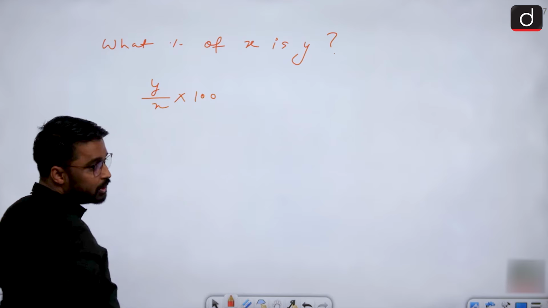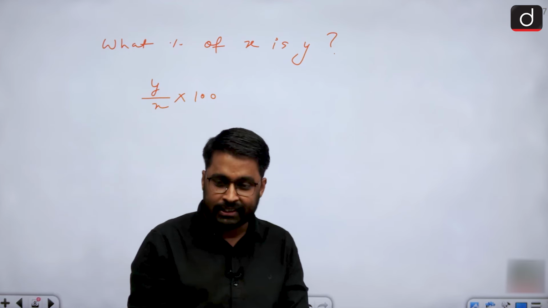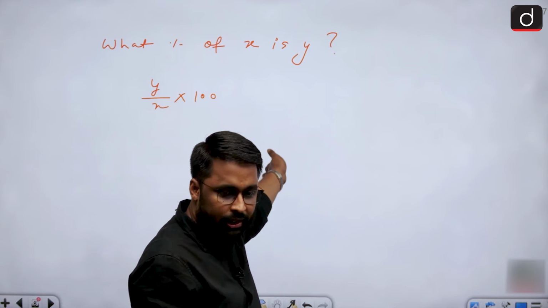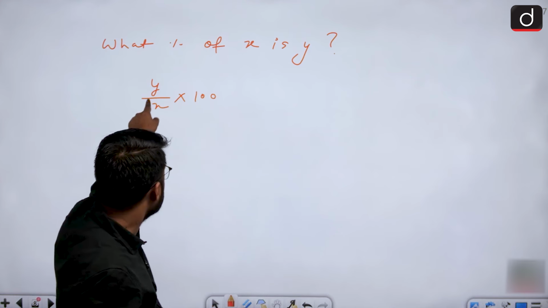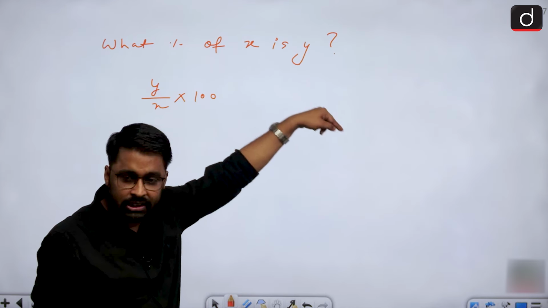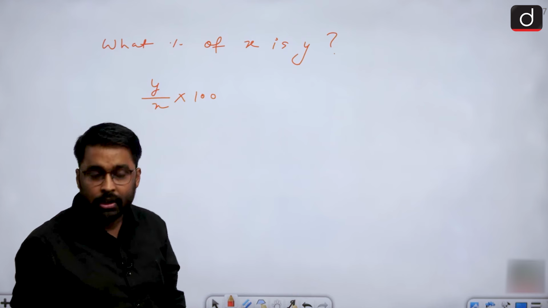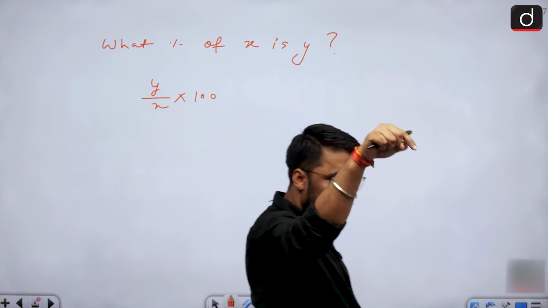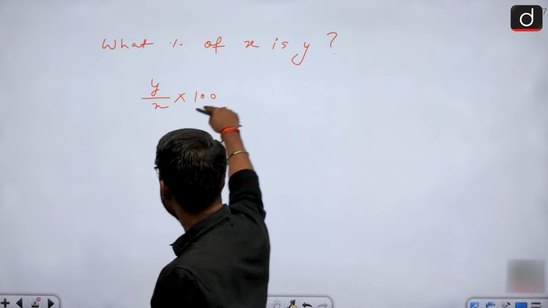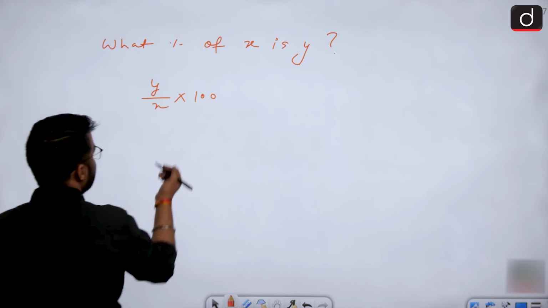So if my examiner uses this language, what percentage of X is Y, the equation will be Y by X into 100. The second variable will now be in my numerator, and the first variable in my denominator.